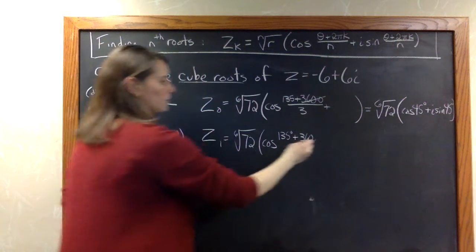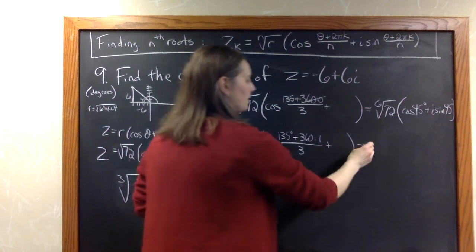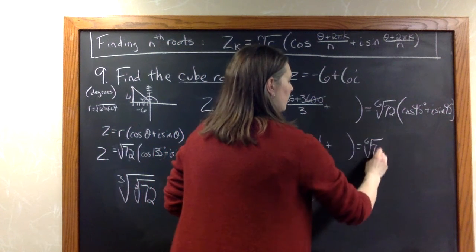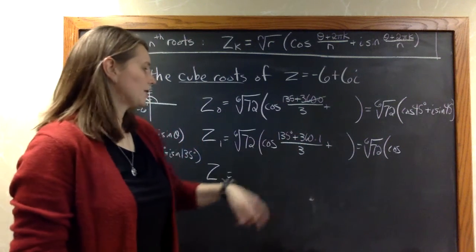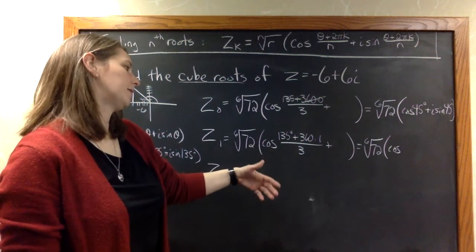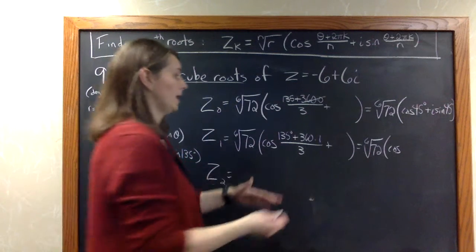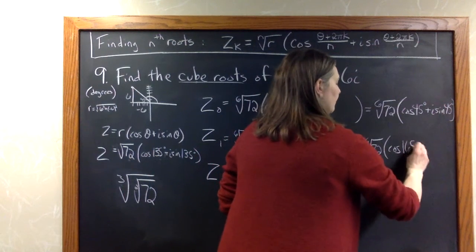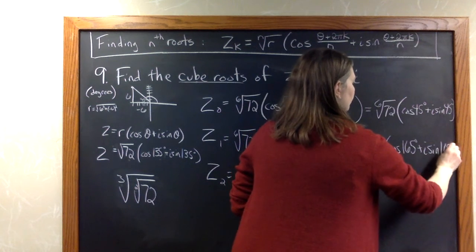K, this time k is 1 over 3, and the sine is going to be exactly the same thing. So we have 135 plus 360, so 495 divided by 3. I think that turns out to 165. And sine is the same thing.